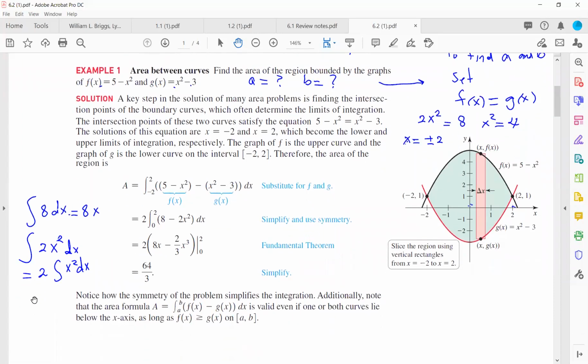Remember that we have a power rule here: 2/3 x to the third. So you have 8x minus 2/3 x to the third, and you multiply by 2.